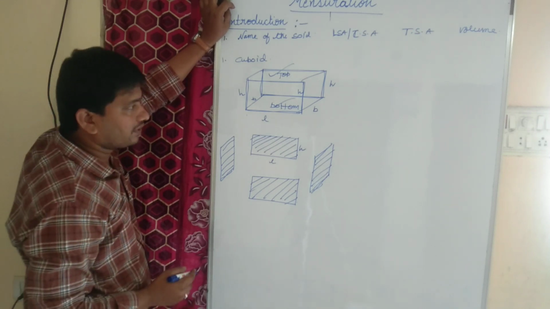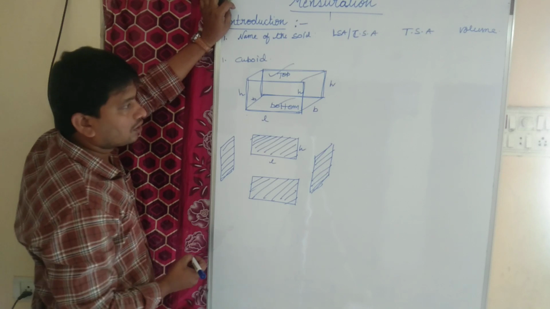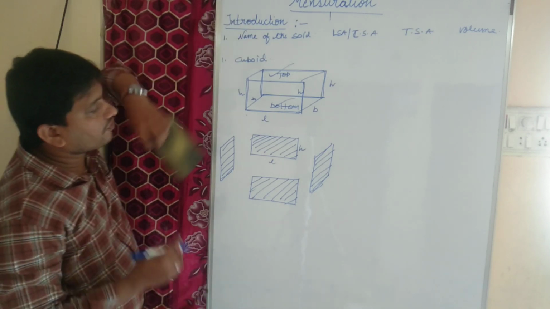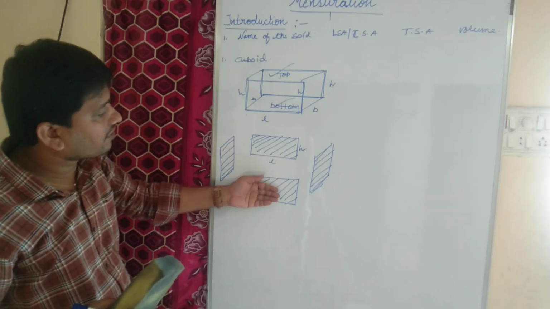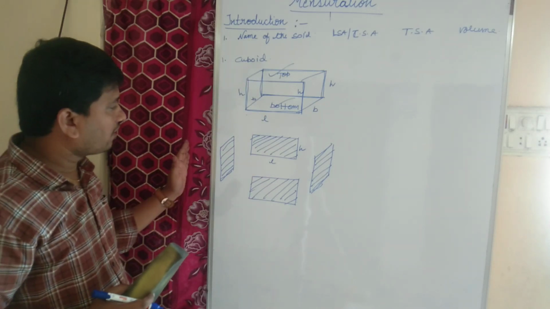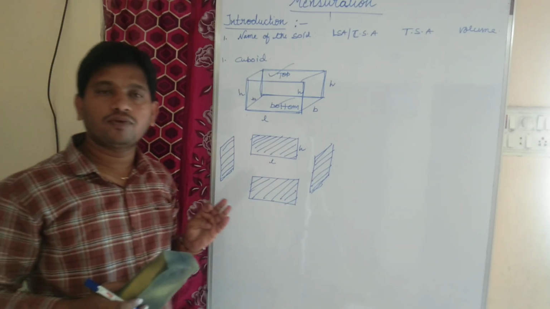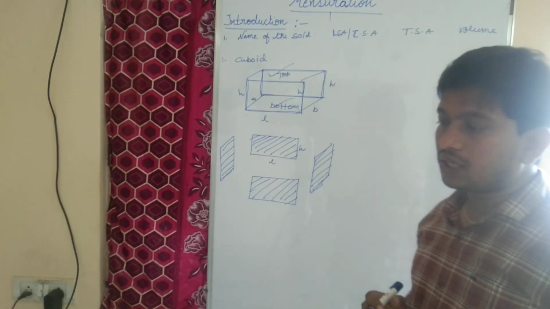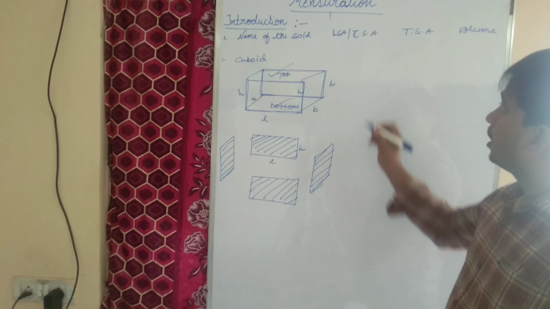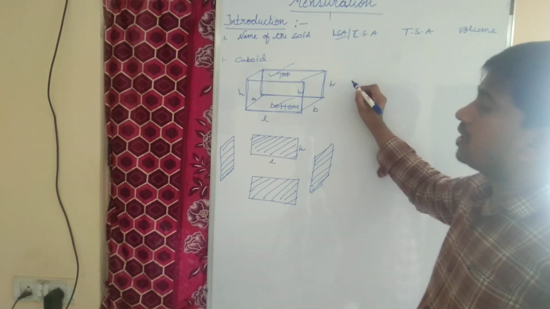So if you observe here, this is our front face and this is our back face, left face and right face. We have only four areas. So what is the lateral surface area of cuboid?